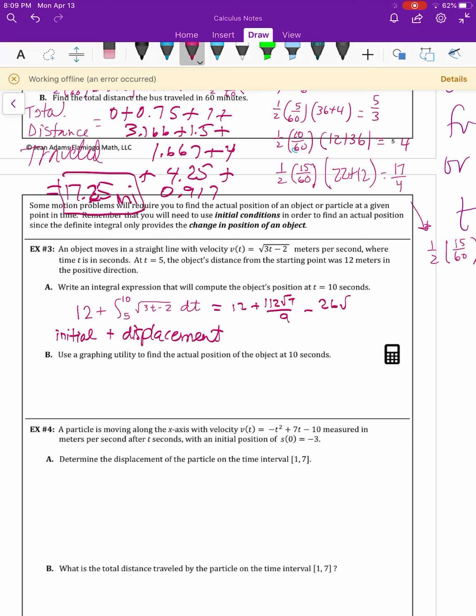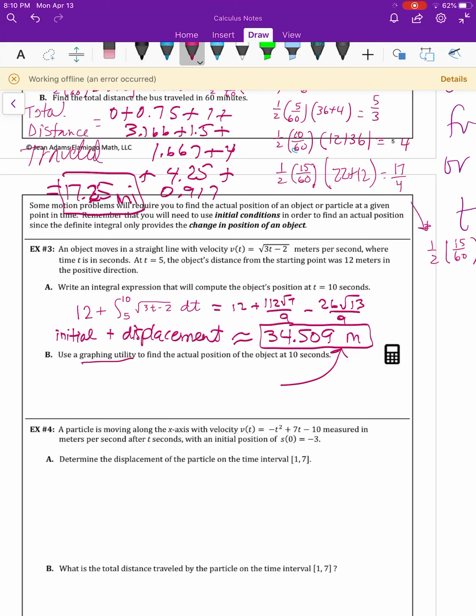I think it ended up being 12 plus 112 times the square root of 7 over 9 minus 26 times the square root of 13 over 9 or something like that. But approximately 34.509 meters. Okay.